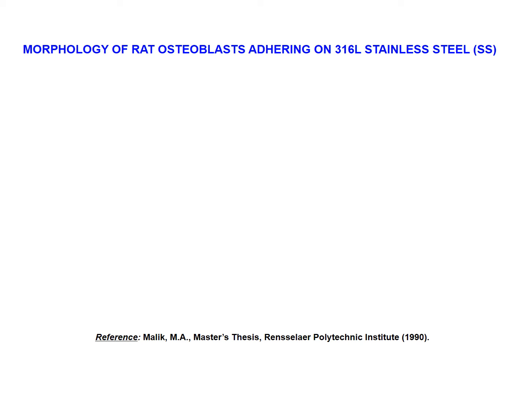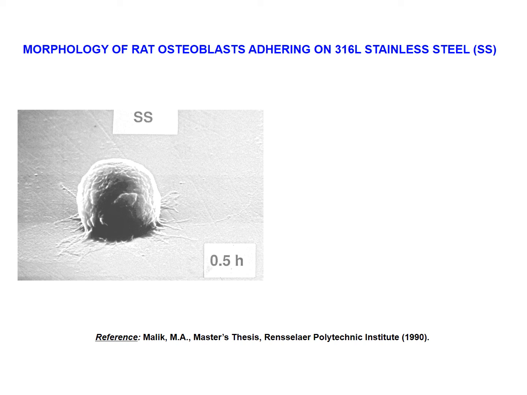implants in bone. Keep in mind that when the cells are in suspension, as a result of the surface tension, they become very spherical. When they start interacting with a substrate, as shown here with one osteoblast, the bone-forming cell from rats, you can see the cell, this is within half an hour of the initiation of that interaction.